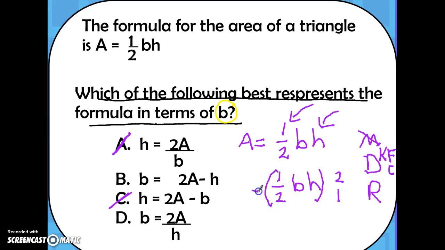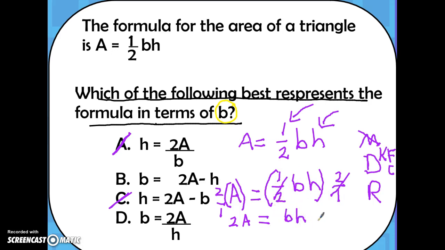And then on the left-hand side, we take the A, we put parentheses around it like we did the right side, and we put 2/1 beside that, just like we did on the right. On the left-hand side, that leaves us with 2A. On the right-hand side, it gets rid of the fraction and leaves us with B times H.